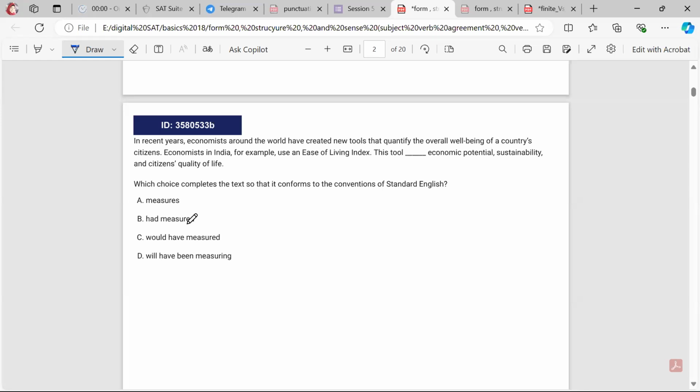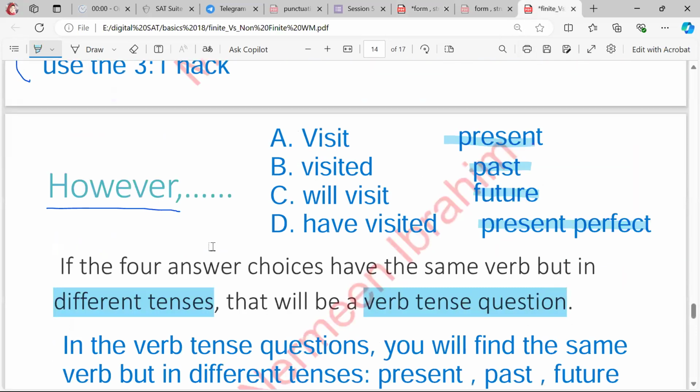But how can I deal with such a question? I have to check the choices, and I have to check the sentence. This one is a little bit tricky. Let's see what I wrote regarding this.